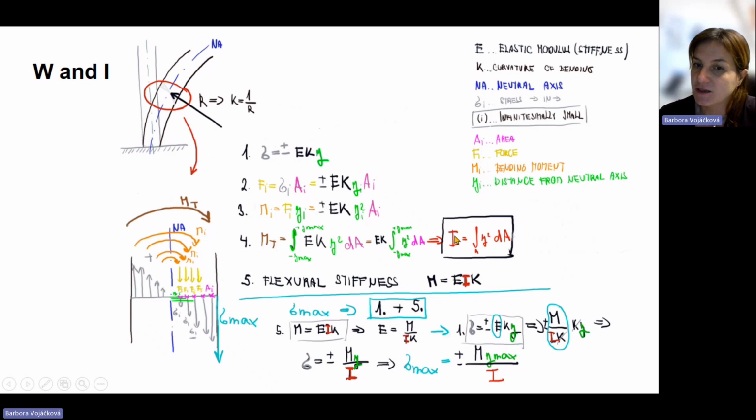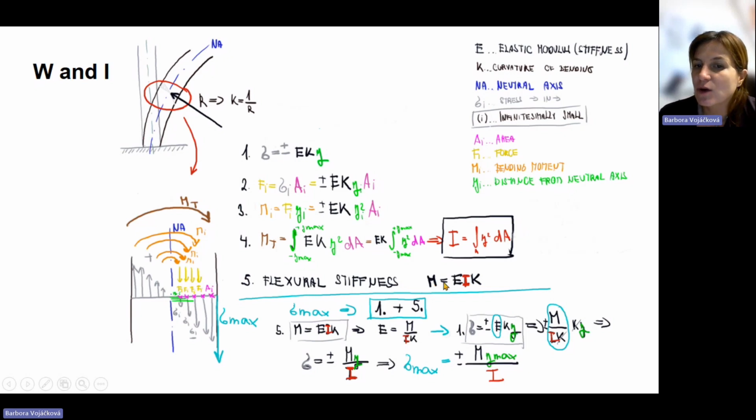The moment of inertia is the integral of the distances from the neutral axis squared over an infinitesimally small area. The letter for it is I. This moment of inertia is used for the calculation of flexural stiffness.